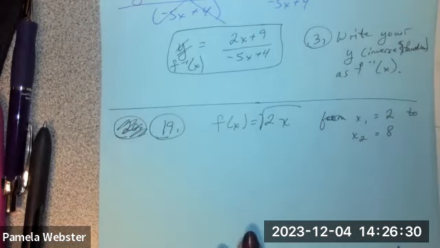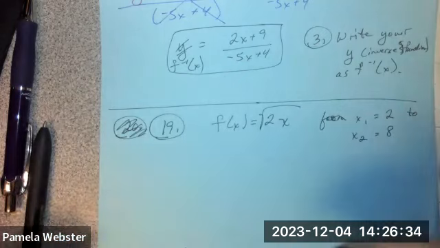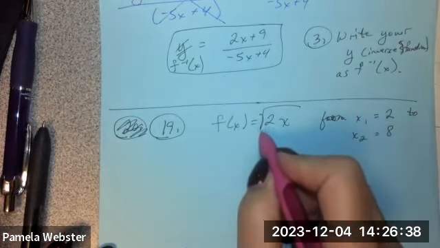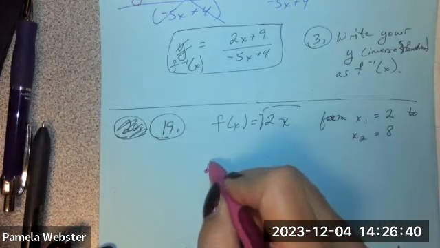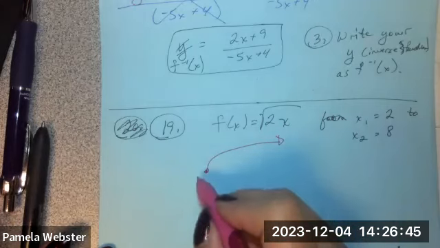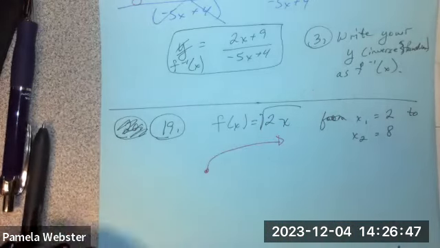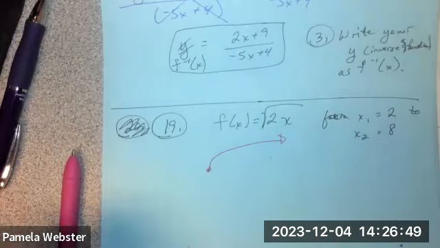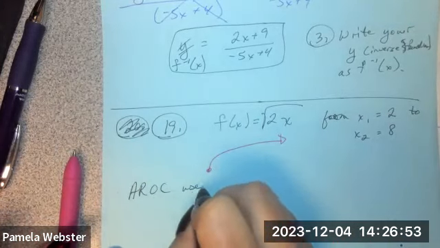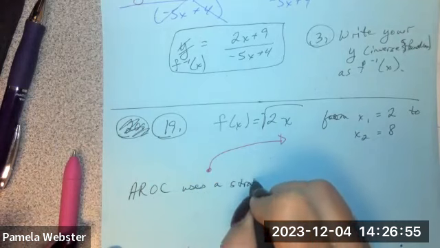If you don't remember these average rates of change, remember that basically what we're doing, this function is not a line. This graph is going to look something like this because it's a square root. So it's a curve. It's not a straight line. But average rate of change, or as I call it, AROC, uses a straight line.